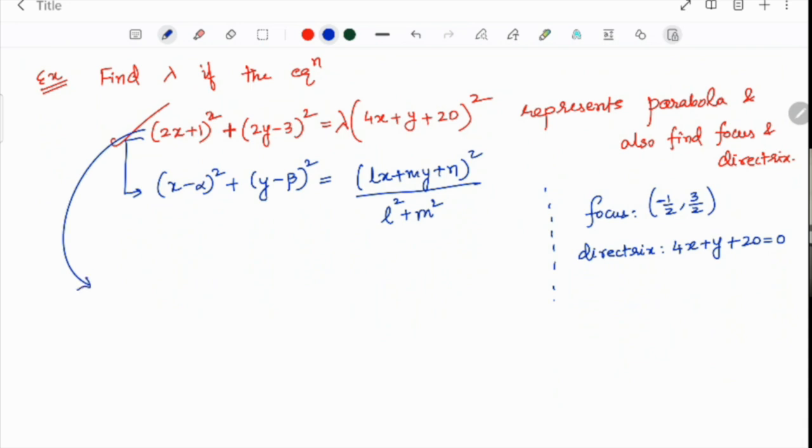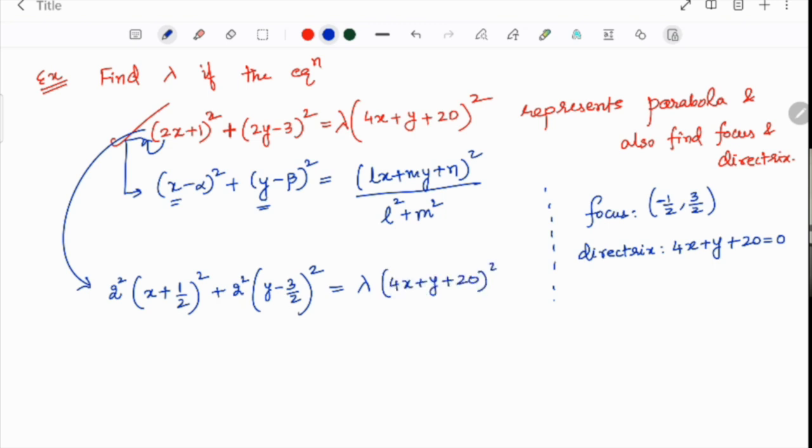First I have to make the x coefficient here as 1. Here also I want the y coefficient as 1, right? So take 2 square common. If I take 2 outside, because the square is there, 2 square will come out. (x plus half) whole square plus (y minus 3 by 2) whole square is equal to lambda times (4x plus y plus 20) whole square.